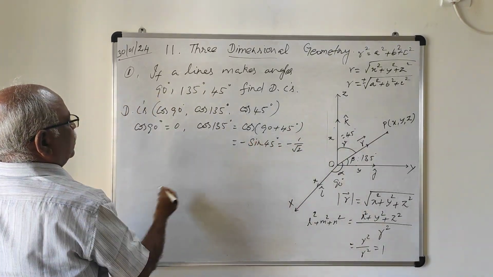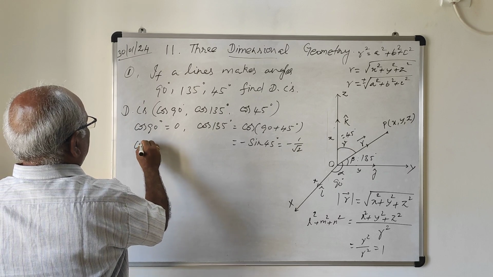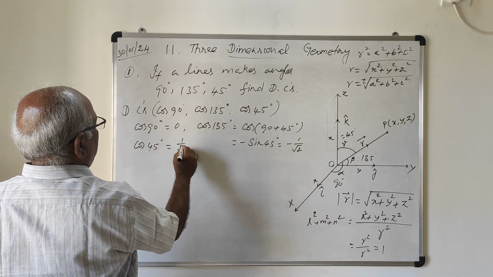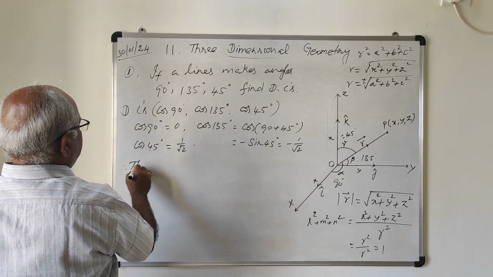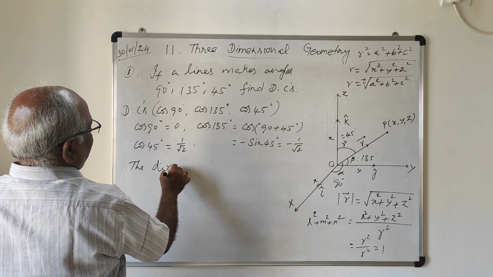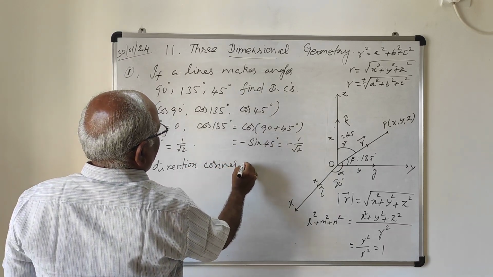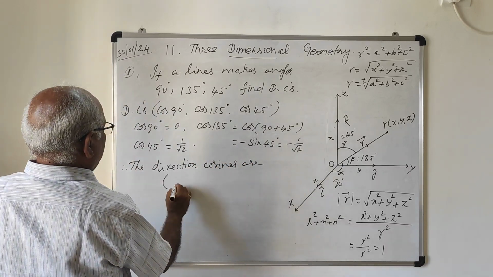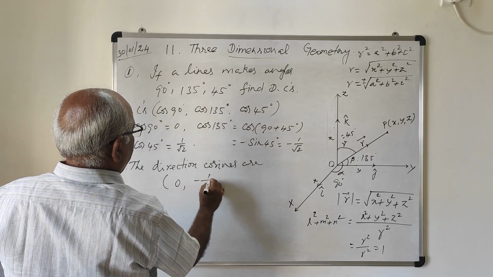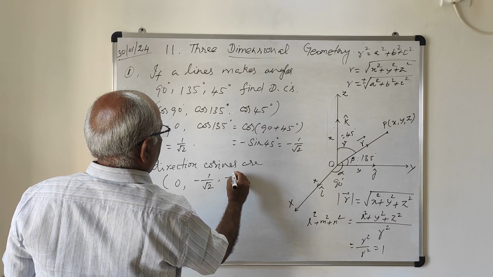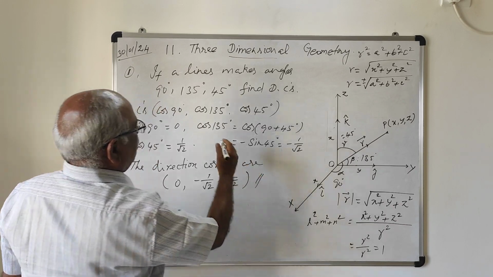So cos 135 is minus 1 by root 2 and cos 45 you know is 1 by root 2. Therefore, the direction cosines are 0, minus 1 by root 2 and 1 by root 2. That is the answer for this problem.